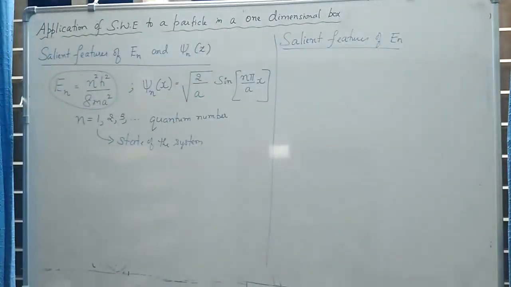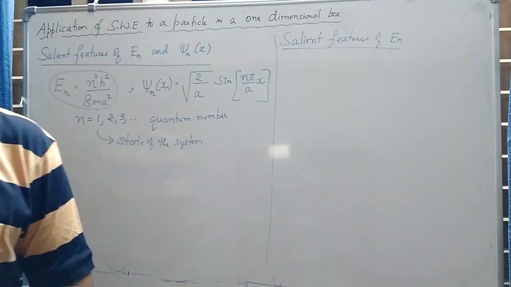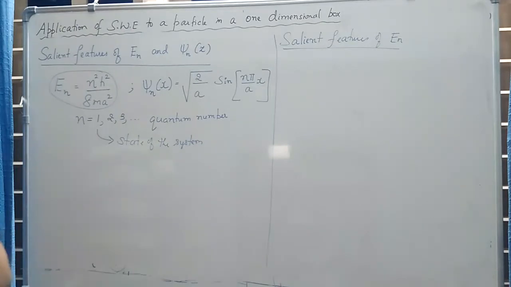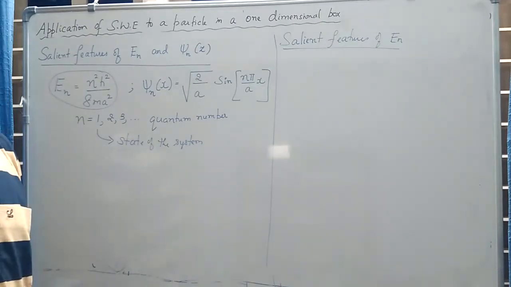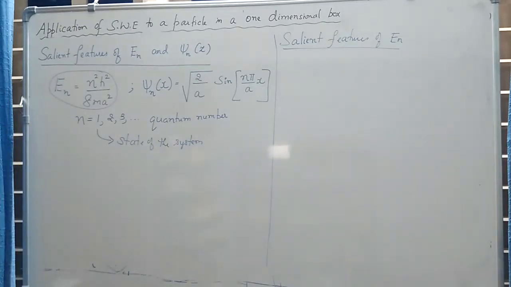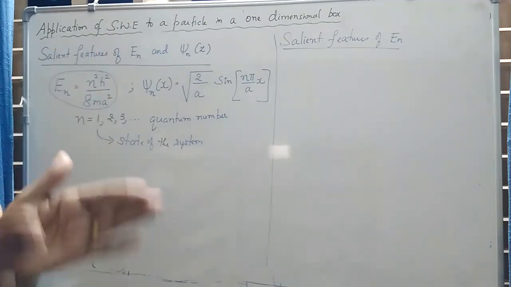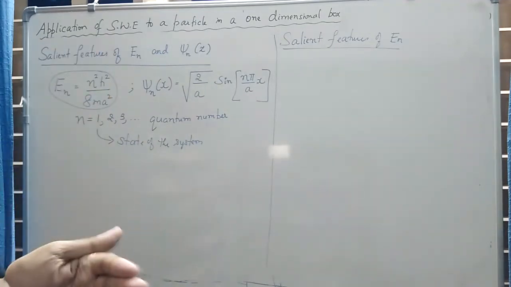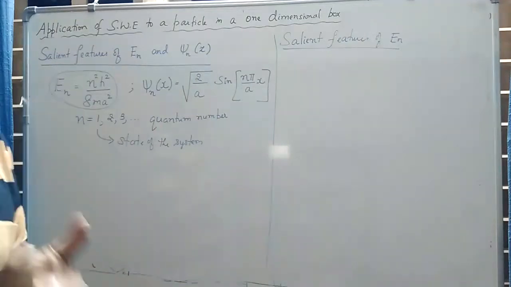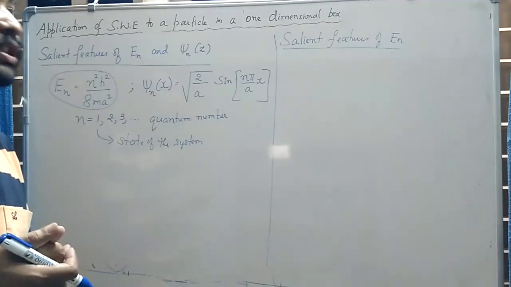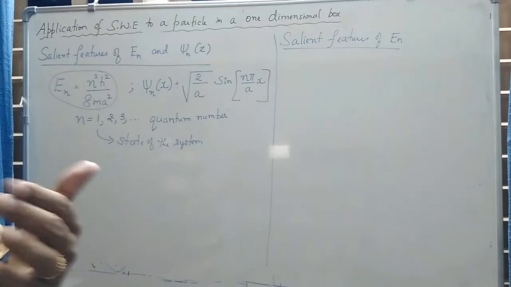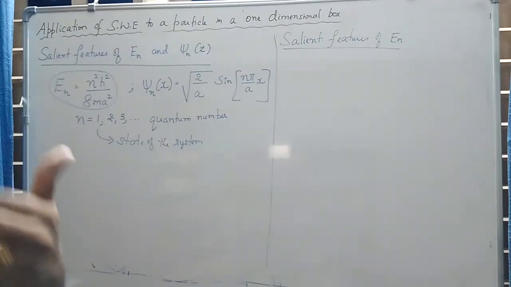While deriving the expression for the energy, when applying the Schrodinger wave equation, remember we set the potential energy of the particle equal to 0. At the very beginning, when describing what we mean by particle in a one dimensional box, we set the potential energy of the particle inside the box equal to 0. That was purely for our convenience.